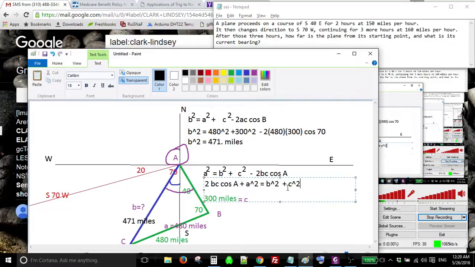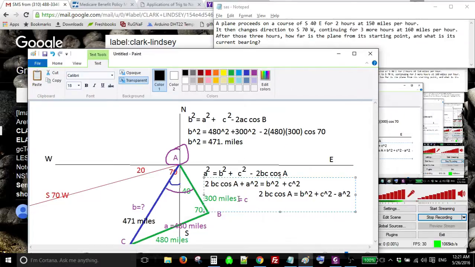Right? Okay. And then I'm going to subtract a squared on both sides.